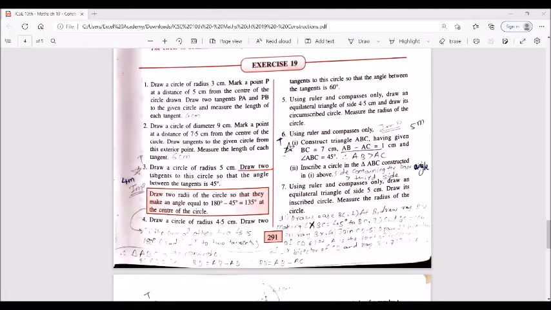Then draw 2 tangents to this circle so that the angle between the tangents is 45 degrees. So if you draw a rough figure, and it's always a good practice to draw a rough figure before drawing the fair one. This is what I feel. So let's say this is a circle with center O, right? And you have to draw 2 tangents such that the angle between them is 45 degrees.